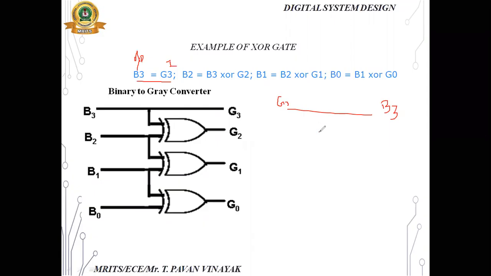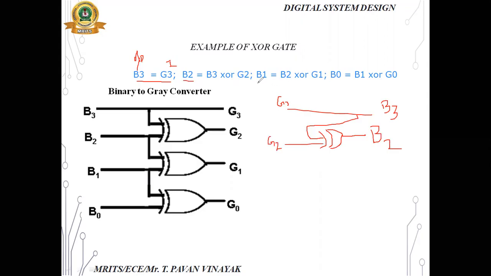So I am taking one XOR gate. For that XOR gate the output is B2, so I am writing B2. Now inputs: B3, so B3 is here, from here give connection. And one input is G2.